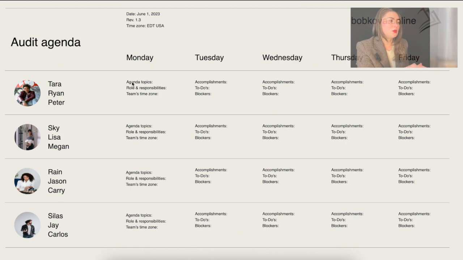On Monday you put agenda, topic, roles and responsibilities, team, and time zones. And it would be great if you would put the key people who would be covering those topics, and their pictures, or at least one person's picture.